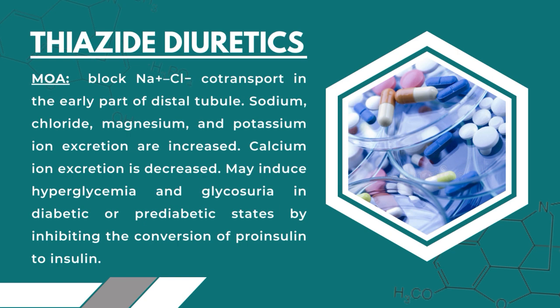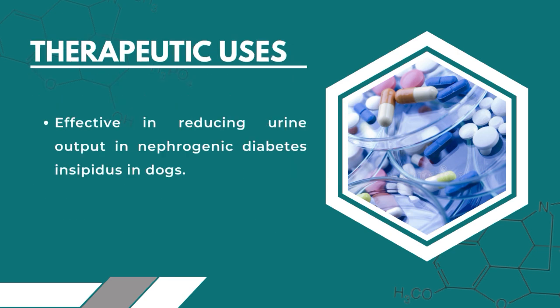Calcium ion excretion is decreased and may induce hyperglycemia and glycosuria in diabetic or pre-diabetic states by inhibiting the conversion of proinsulin to insulin. Thiazide diuretics are effective in reducing urine output in nephrogenic diabetes insipidus in dogs.